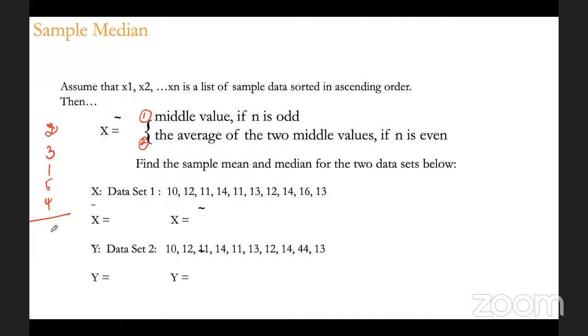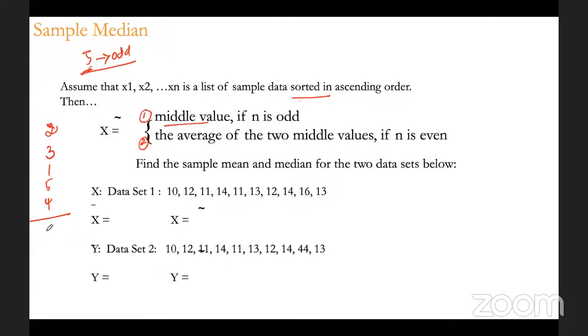To compute the median for this data set, first you count the number of elements in the data set. How many elements are there? We have a total of 5, and 5 is odd. Not this 5; it is the total number of elements you have to count. So I have 5 elements, and 5 is an odd number. In that case, I go for the middle value of this data set after sorting the data.